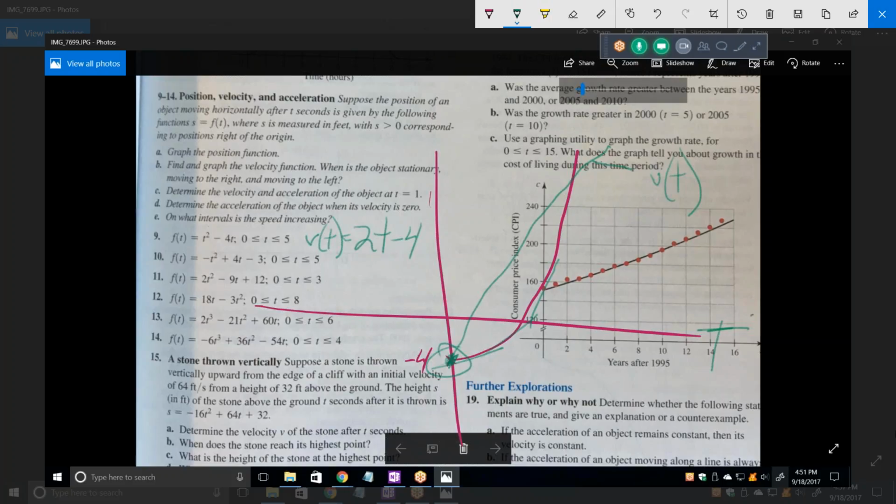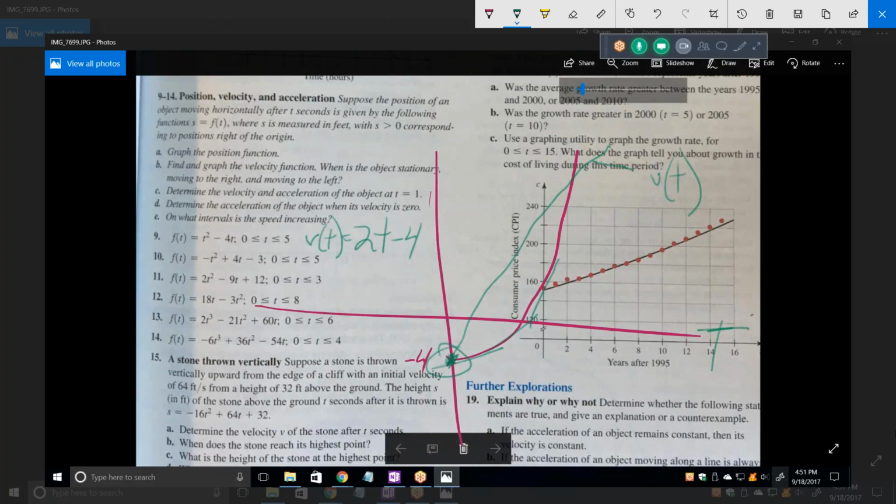So what does that mean? That means my velocity is increasing. As you can see that it does. It goes from -4, straight line, up and to the right. So whatever my y-axis is, that's the velocity, and I can tell that my velocity is increasing.